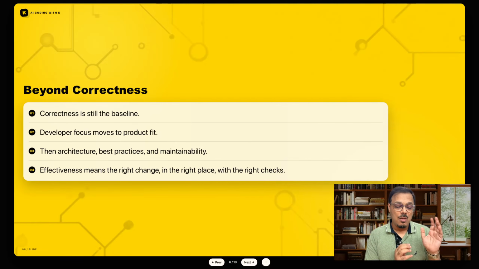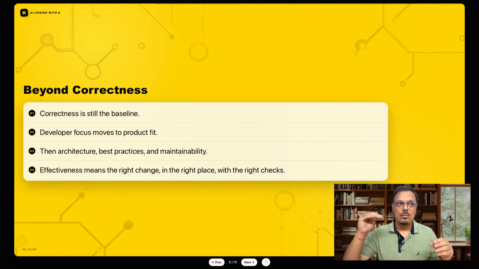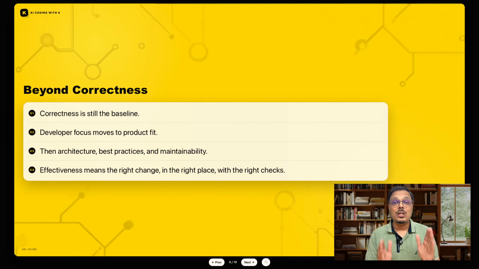You say, build me my task tracking app. It is going to build it, no doubt about it, in a very short span of time, and it will probably work for the most part. That comes into the category of correctness: you have a request, you build something, and it is working.